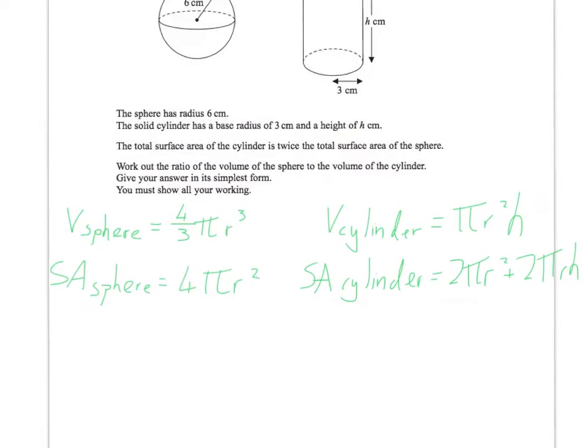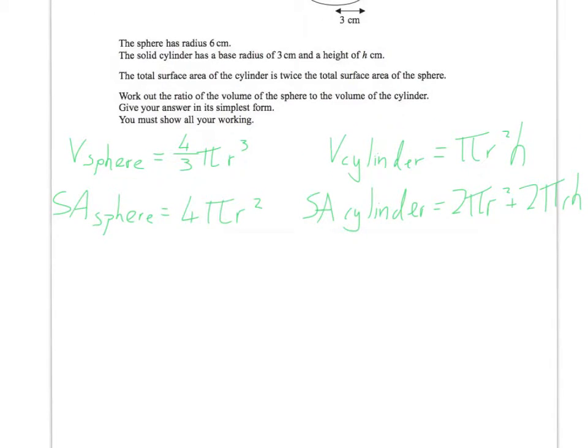So, surface area of the sphere with a radius 6. I'm going to write down what I do each time. Like I was saying, most important bit. Surface area of the sphere. 4/3 pi, oh, not that, sorry, I've written 4/3, I really shouldn't have.